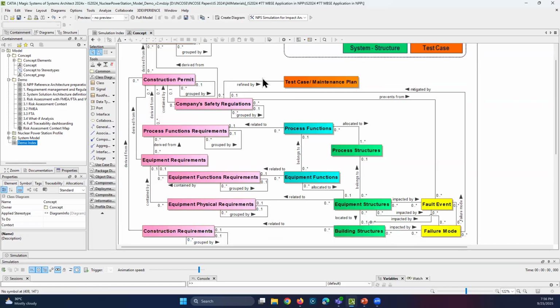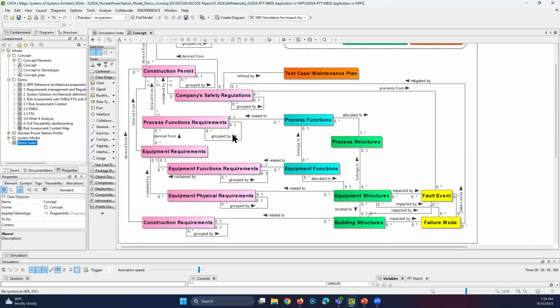The same goes down: the requirements can break down into process and functional requirements to represent how the operations work, equipment requirements, the functions carried out by each of the requirements, physical requirements related to the actual structure, and construction requirements related to the buildings, right?